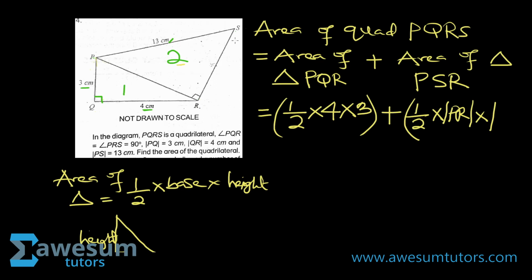Remember, height is going to be line SR, which we don't know. So that means we have to go look for it. So now let's go on that journey to look for PR and SR, and then we'll bring those numbers back into this equation right here, okay?